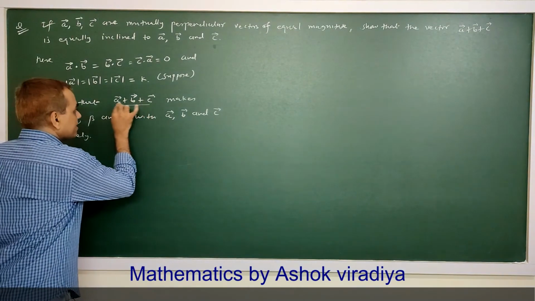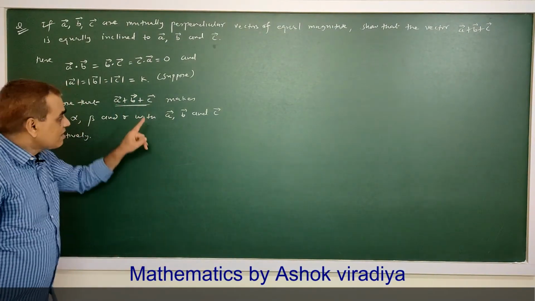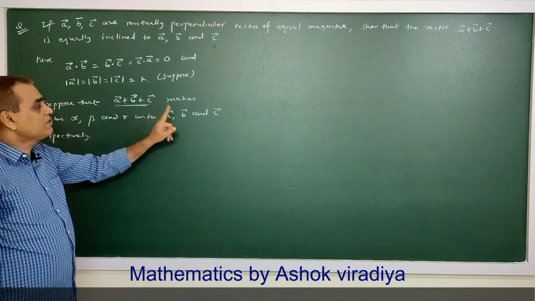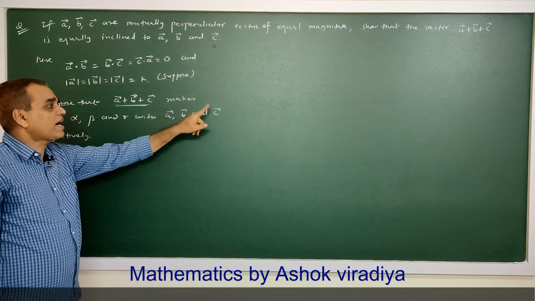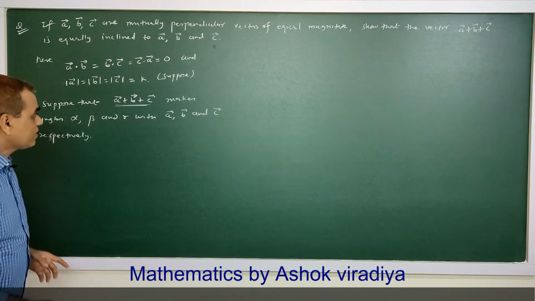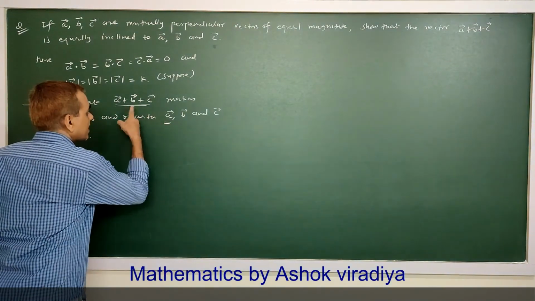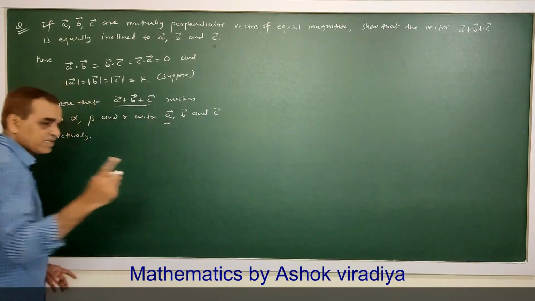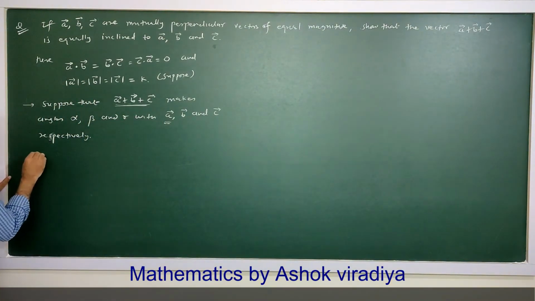This vector makes angle alpha with vector A, beta with vector B and gamma with vector C, that we are supposing.